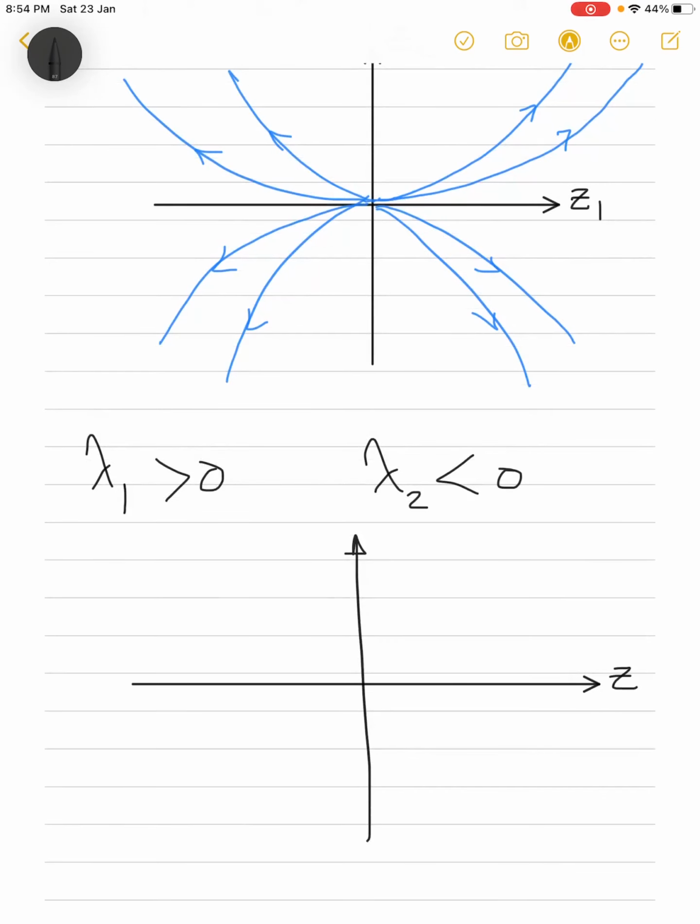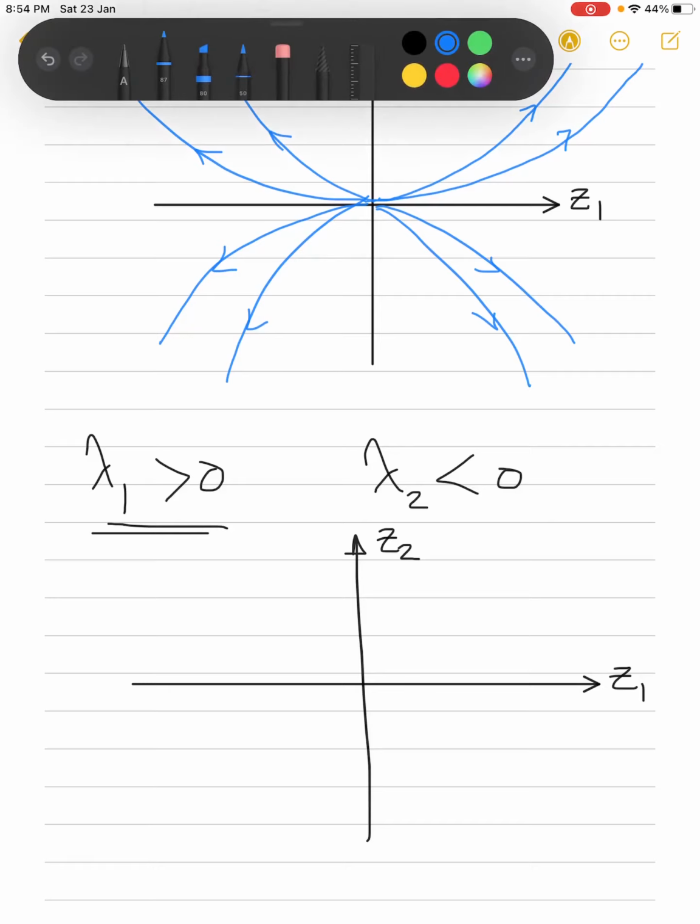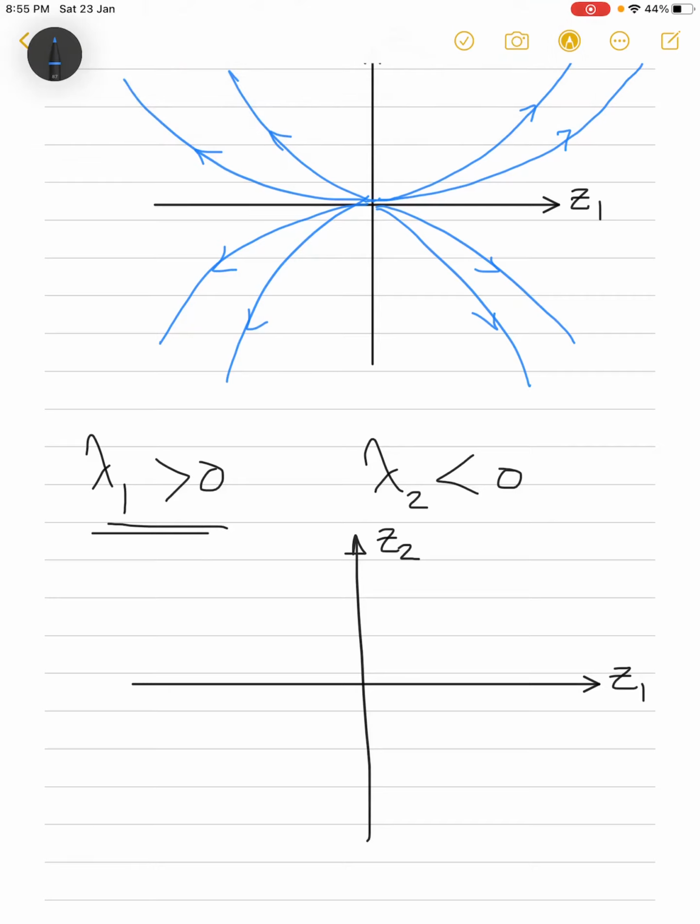Let's take the horizontal axis to be z1 and the vertical axis to be z2. Since lambda 1 is positive, we expect the solution for z1 to go to infinity as time goes to infinity, while we expect the solution for z2 to go to 0 as time goes to infinity. So if we plot the trajectories of the system, we will find something like this.